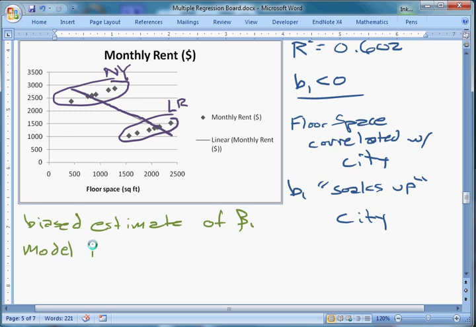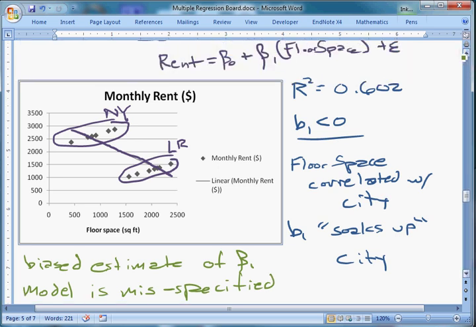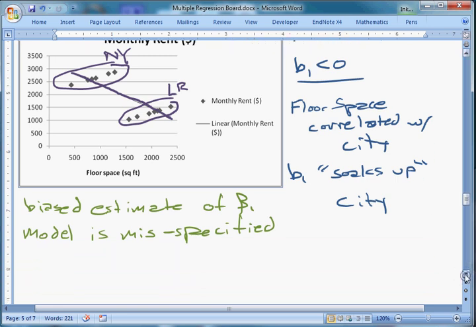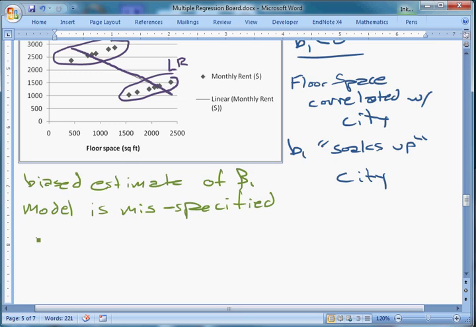When we set our model up here, we said rent is just a function of floor space. We omitted a very important variable that should have gone into that model, that is part of the process of determining rent. We failed to include a variable.